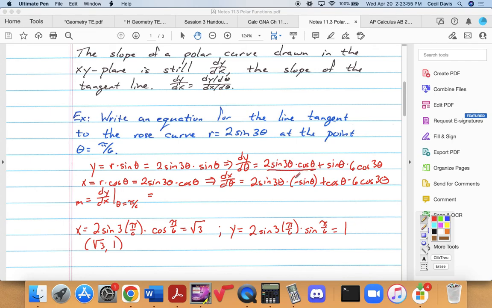I graphed it on my calculator. It's 1.7321. Okay, so I'll see what's going on in just a second. That's square root of 3. Yeah, the square root of 3 is 1.73. Is it degrees or radians? Or does that matter? It shouldn't, no, it's doing it in radians.